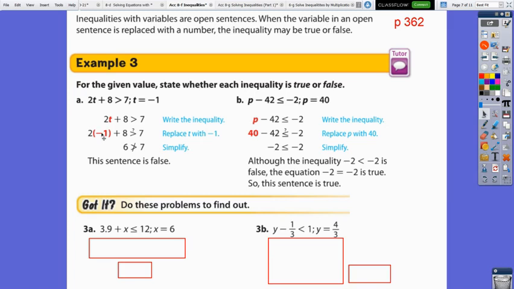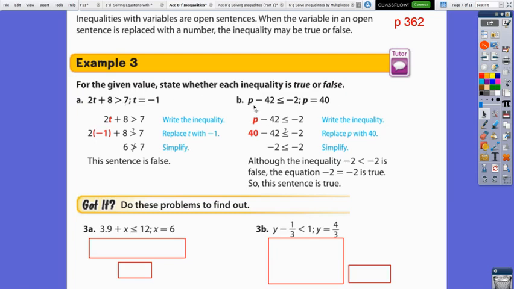So you substitute in, show the substitution step. That's required. Okay, then 2 times -1 is -2, plus 8 is 6. Is 6 greater than 7? No, it is not. The answer then is false. -1 is not a solution to this inequality.